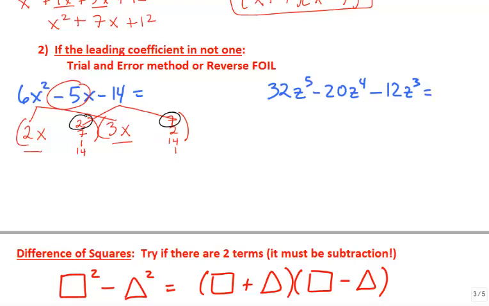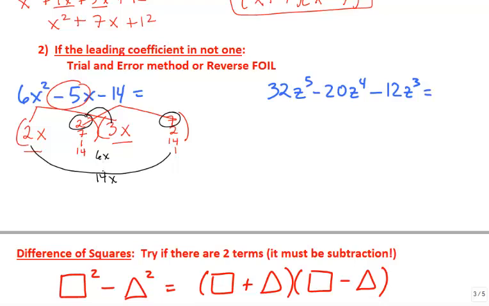So if I check my first combination, which would be this 2 and this 7, I'm going to check the inner times the inner and the outer times the outer. 2 times 3x would give me 6x, and 2x times 7 would give me 14x. Now, can I add or subtract 14 and 6 and get a 5 out of that?